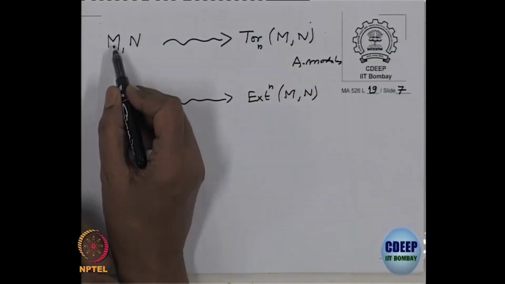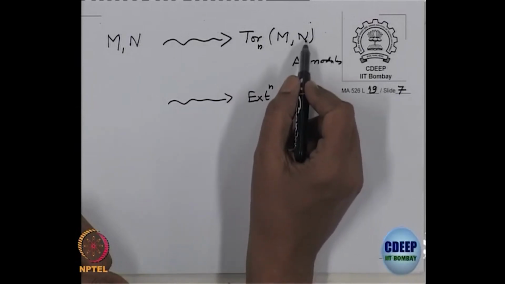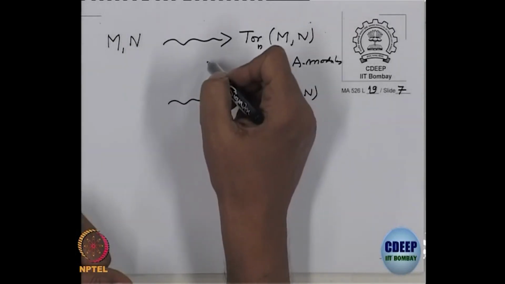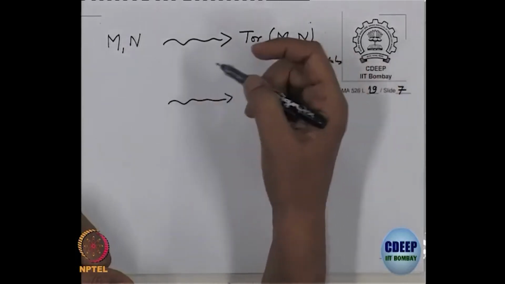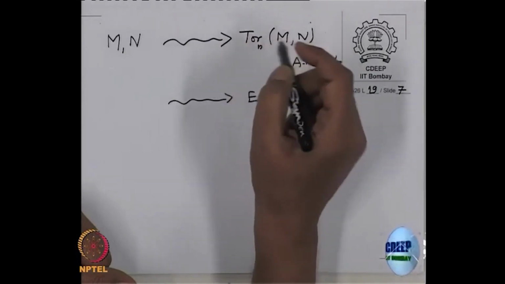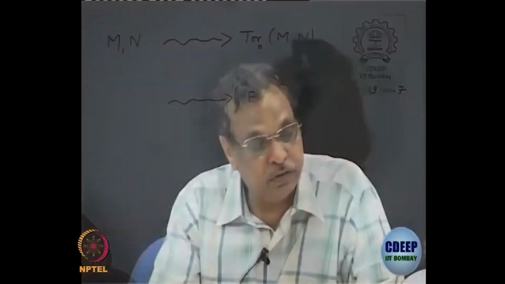So, one more thing then. Here remember we have taken the projective resolution for M and tensored with N and took the homologies. But one could also do this by taking a projective resolution of N and tensoring with M, and these two results will be the same because the tensor product is commutative. M tensor N is isomorphic to N tensor M, so the resulting modules will also be isomorphic.